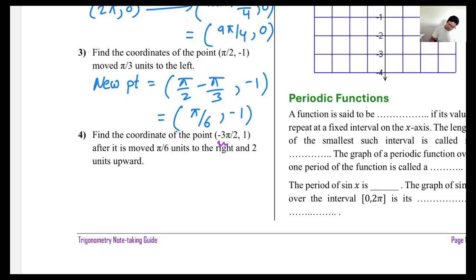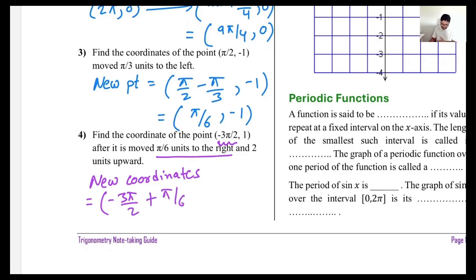So let's say you have a point negative 3 pi over 2 comma 1, and you are moving it pi over 6 units to the right. So new coordinates, let me write it that way, will be negative 3 pi over 2 plus pi over 6, right?